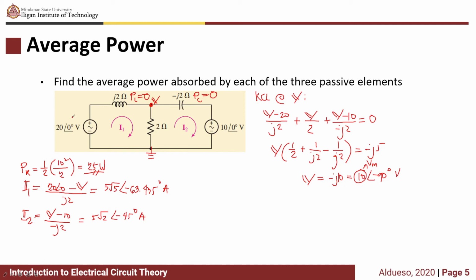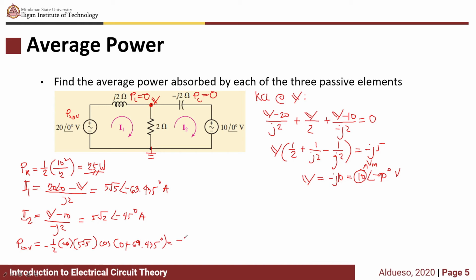Now getting the power of the 20 volt source, using the passive sign convention, we have negative 1/2 times 20 times 5√5 cosine of the angle of the 20 volts, which is 0, minus negative 63.435, so plus 63.435.